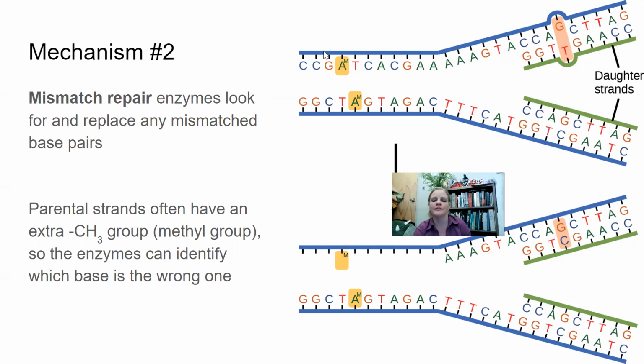Without this methylation, this extra carbon and some hydrogens, there'd be a 50-50 shot of pulling off the wrong one. But this methylation provides an extra step to ensure that these mismatch repair enzymes are getting it right.